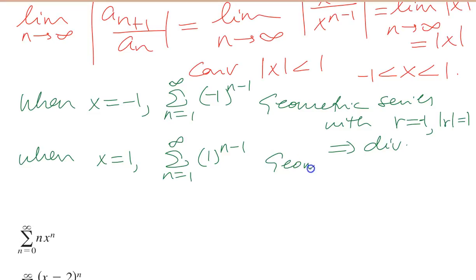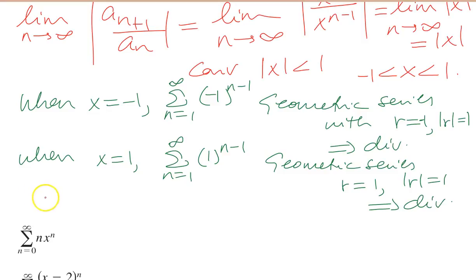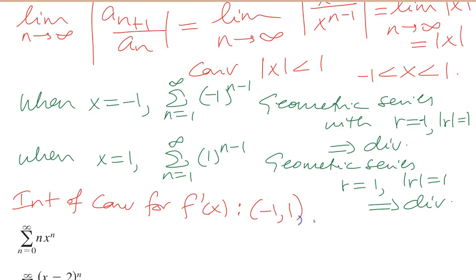That also is a geometric series whose r is 1, absolute value of r is 1, so it diverges. So at both endpoints, f dashed of x diverges. So the interval of convergence for f dashed of x is negative 1, 1.